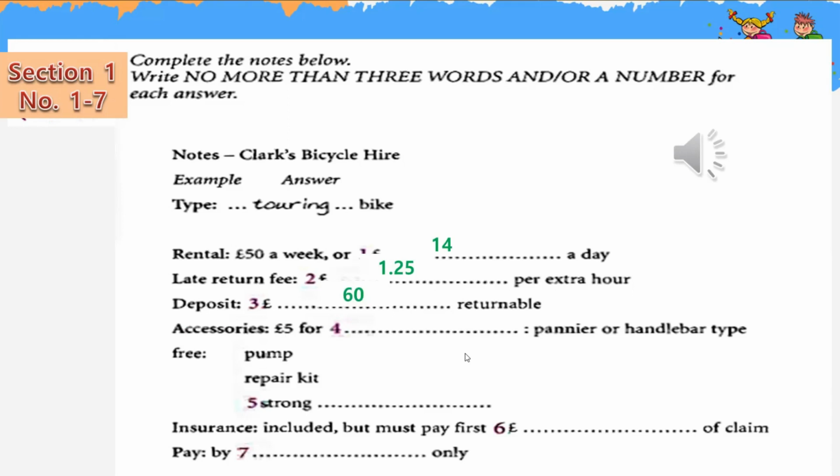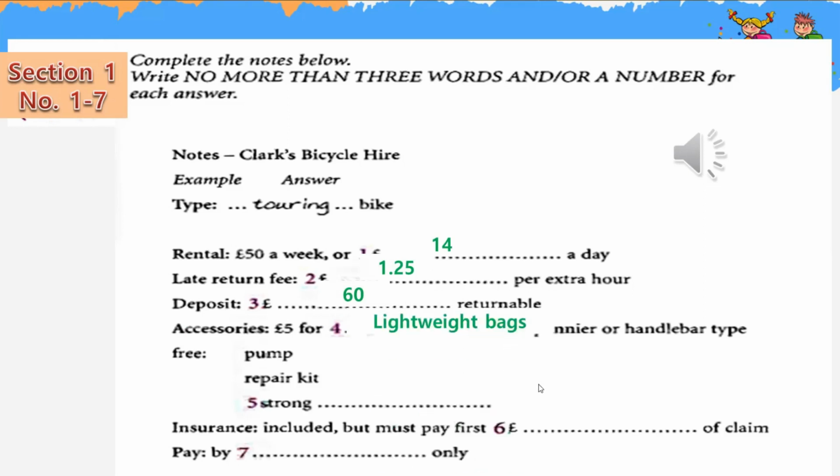And then for number 4, there is a statement here that says, for another £5 we can supply lightweight bags. How to write the lightweight bags?